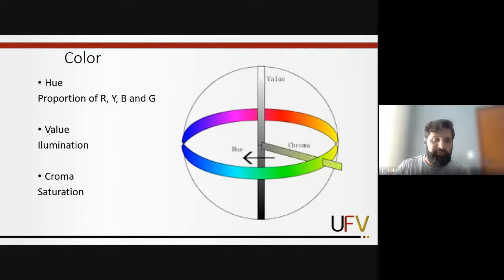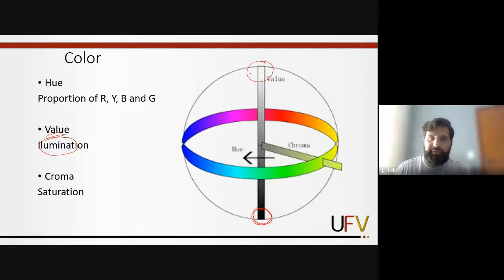Another property of color is the value. That's the illumination, the proportion of white in this spectrum. We can see a lot of white, and we can see none of white. Here is just your spectrum, like total red or total blue or white.